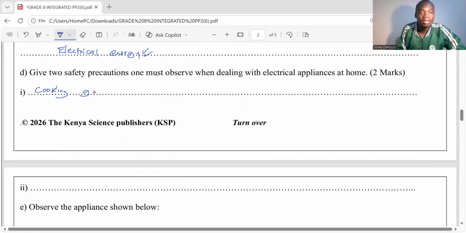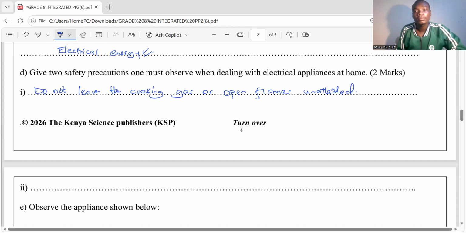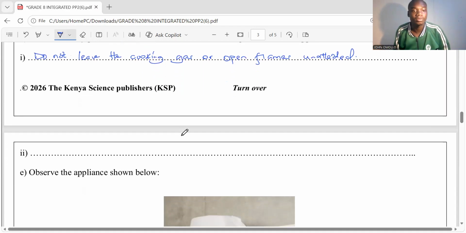One of the precautions is, do not leave the cooking gas or open flames unattended. So do not leave them. That is one precaution. Those cooking gases, or rather open flames, should not be left unattended.